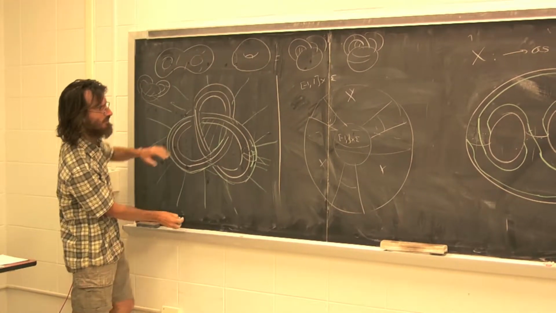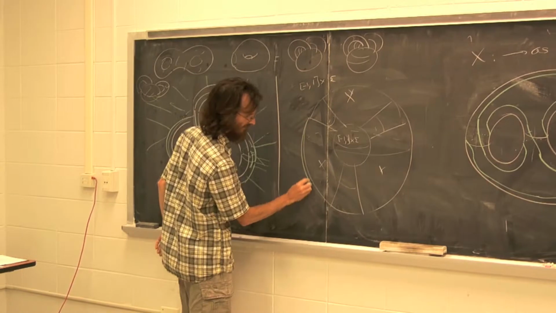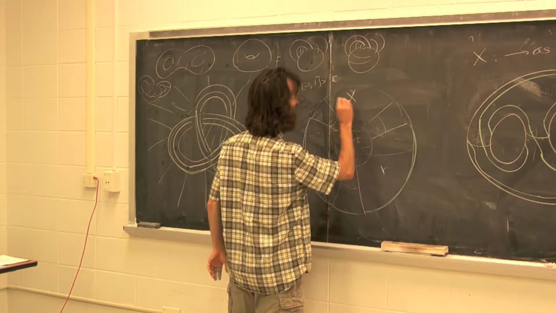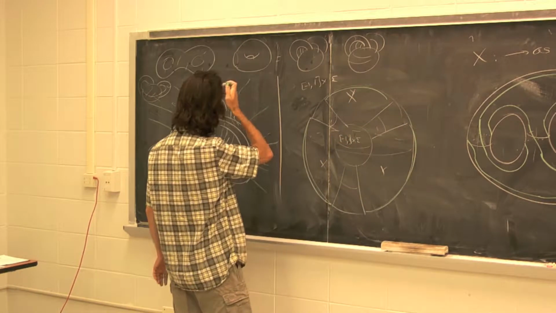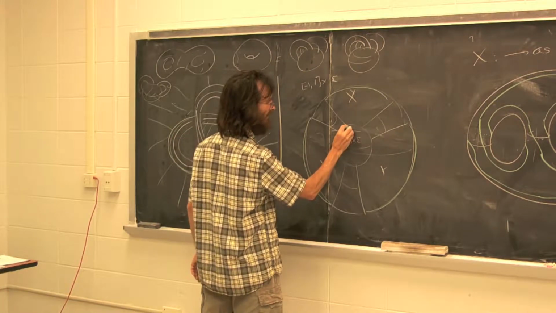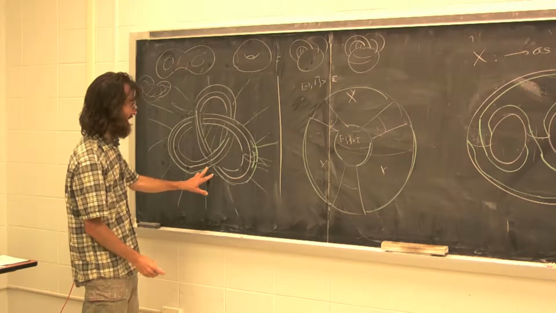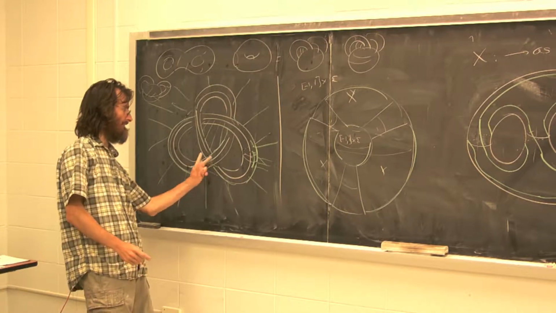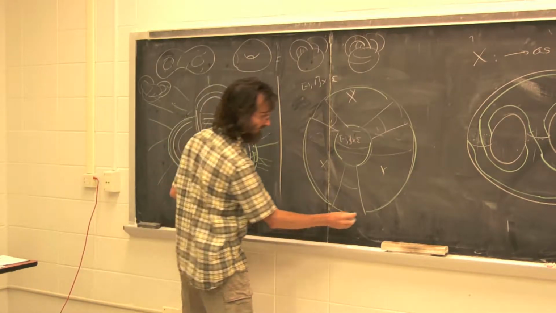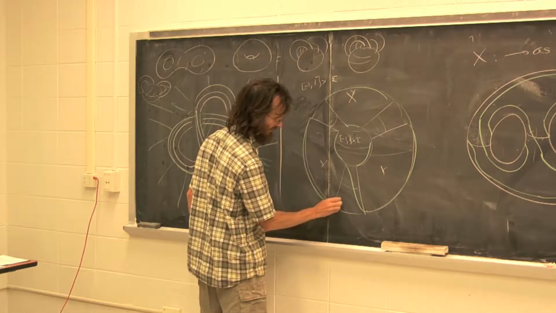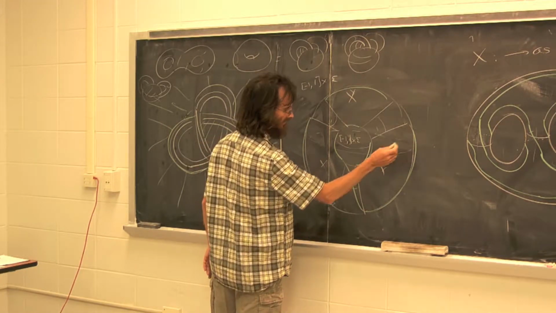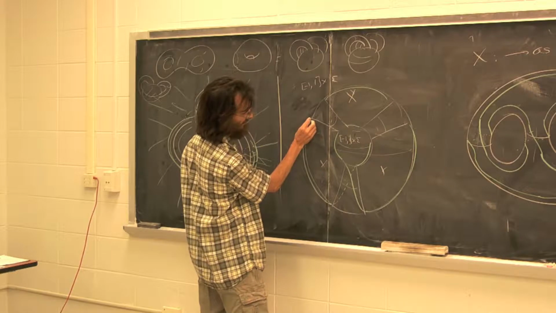Maybe I should try to draw it first here. And as you go in, these two strands do a half twist, right? So I'm going to go there, and I'm going to go there. And similarly this.